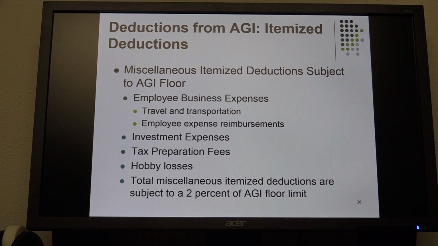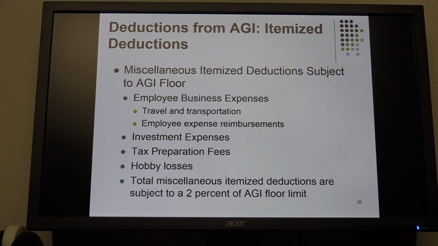It does not cover the job hunting costs of looking for your first job. Now, that could be two things. You could be graduating from college and looking for your first job, or you could be employed in a different line of work and be looking for a job in a different line of work.